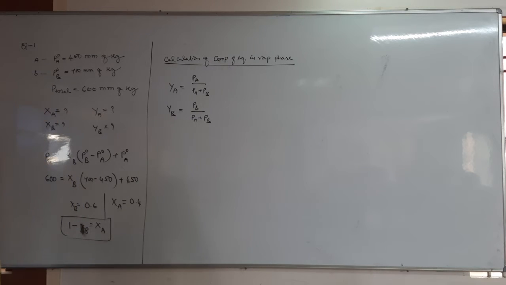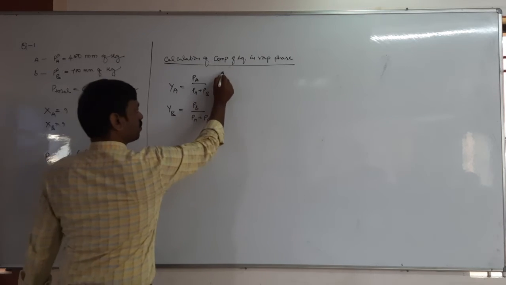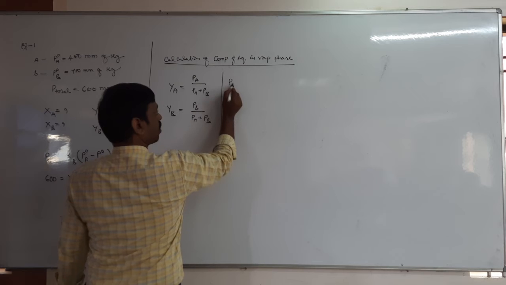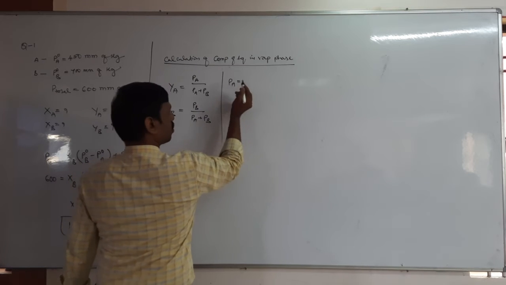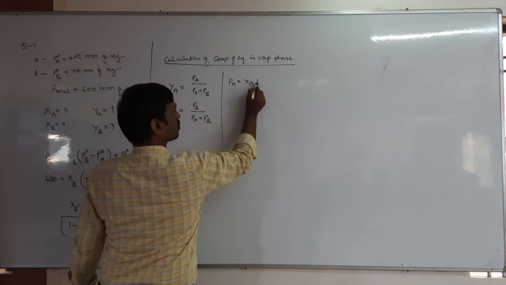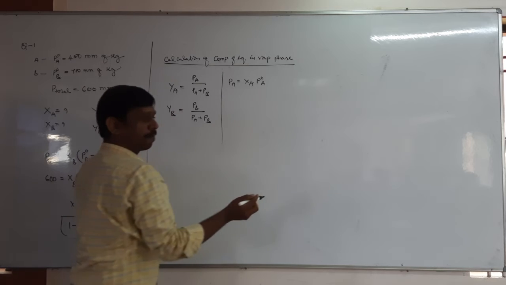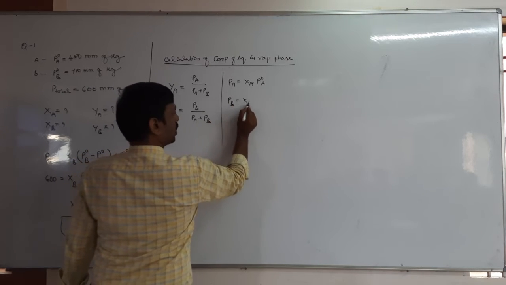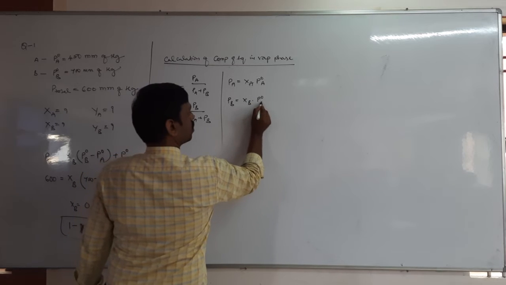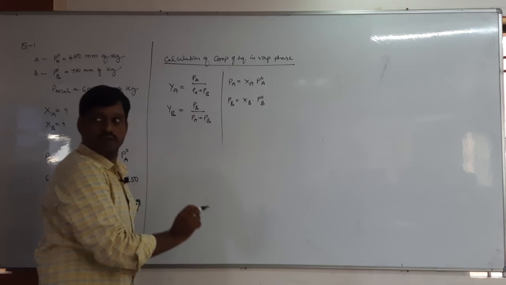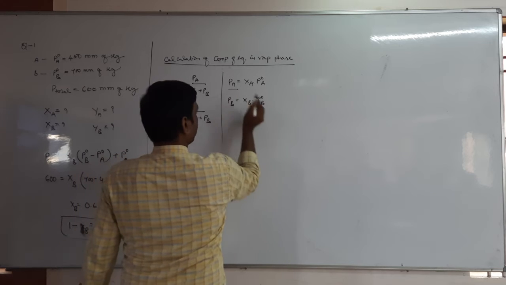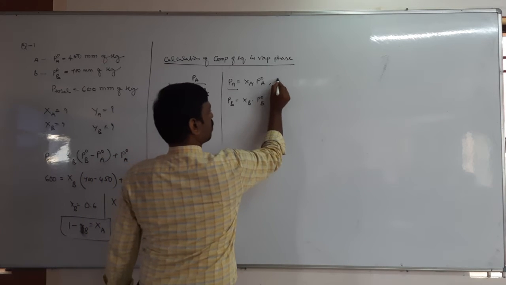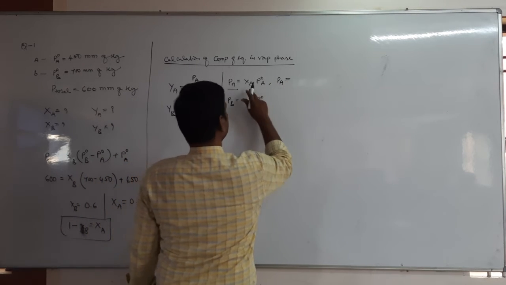PA is not given, so calculate PA first. According to Raoult's law, PA equals XA into P naught A, and PB equals XB into P naught B. Now tell me, what is PA?